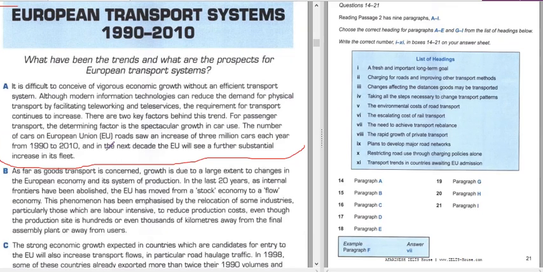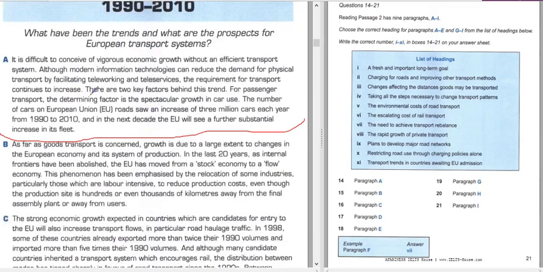So just read this paragraph completely, because it's the introductory paragraph. One cannot conceive vigorous economic growth without an efficient transport system, although modern information technology can reduce the demand for physical transport. There are two key factors behind these trends. For passenger transport, the determining factor is the spectacular growth in car use.